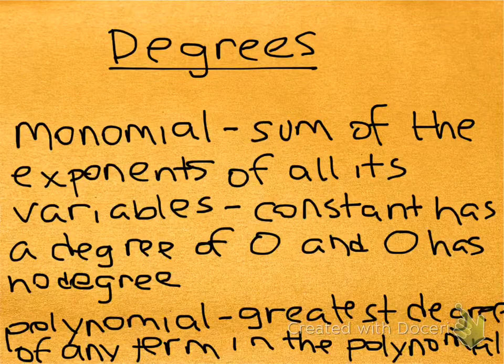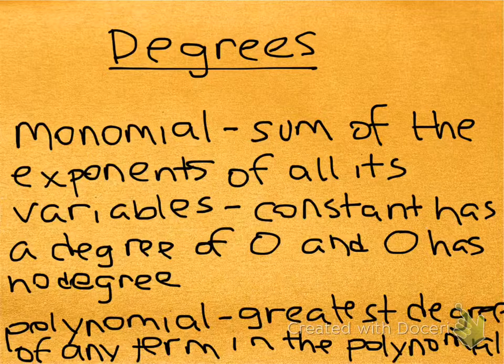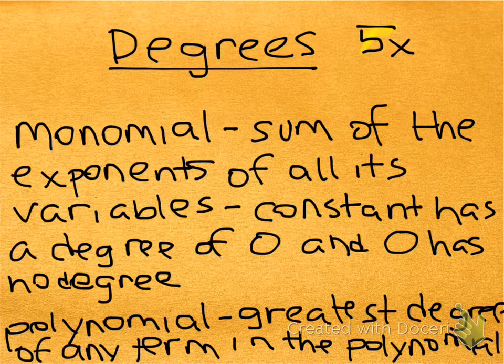Then we have what's called degrees of the polynomials. If you have just a monomial, you're going to add the exponents of all of its variables. So for example, if I had 5x squared y, I would have to add the exponent of 2, and then there's an exponent of a 1 when there is none, and add them up to be 3, and that would be considered the degree of the monomial.